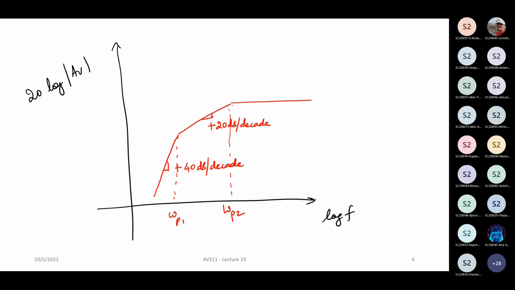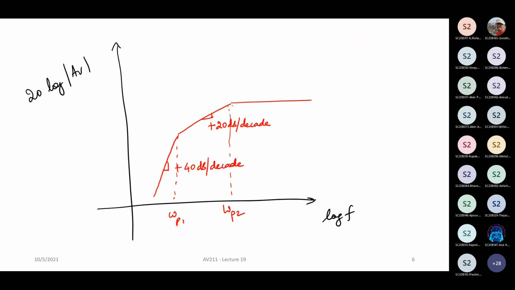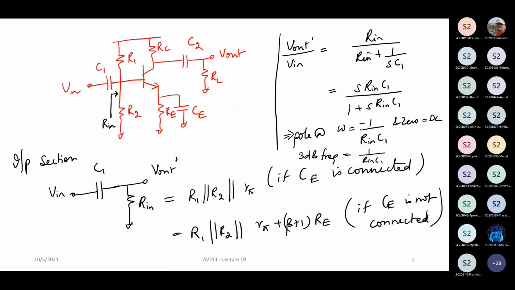All right. Now this is how it basically will look like. So what did you observe in lab? You should basically observe something like this. Now, if you have your omega P3 also due to CE, because now CE has RE here, right? And if you look up, you'll basically get small RE, right?